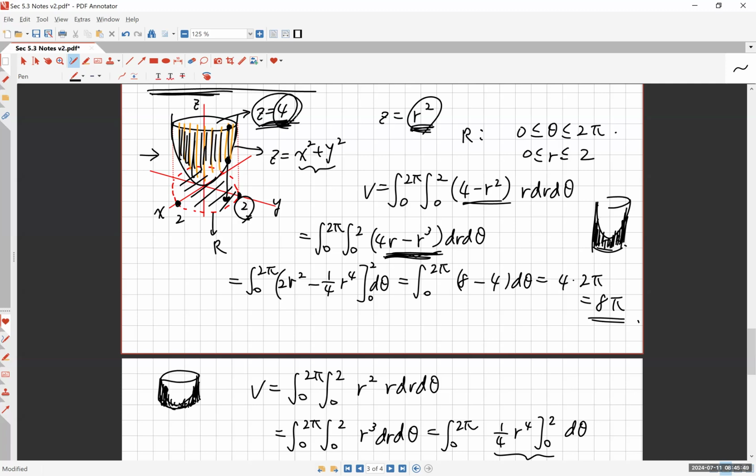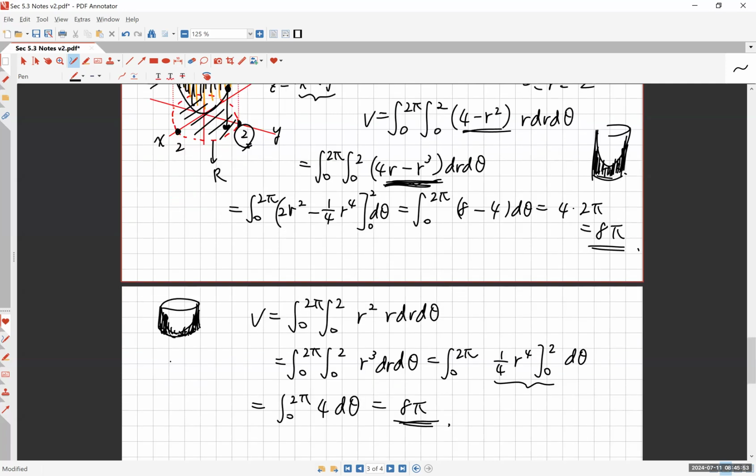But given that constraint, the outside volume will always be equal to the inside. Kind of a surprising fact. And if you want to, as a bonus to the bonus question, you can actually work it out. Let this number be r and z going to r squared or something.